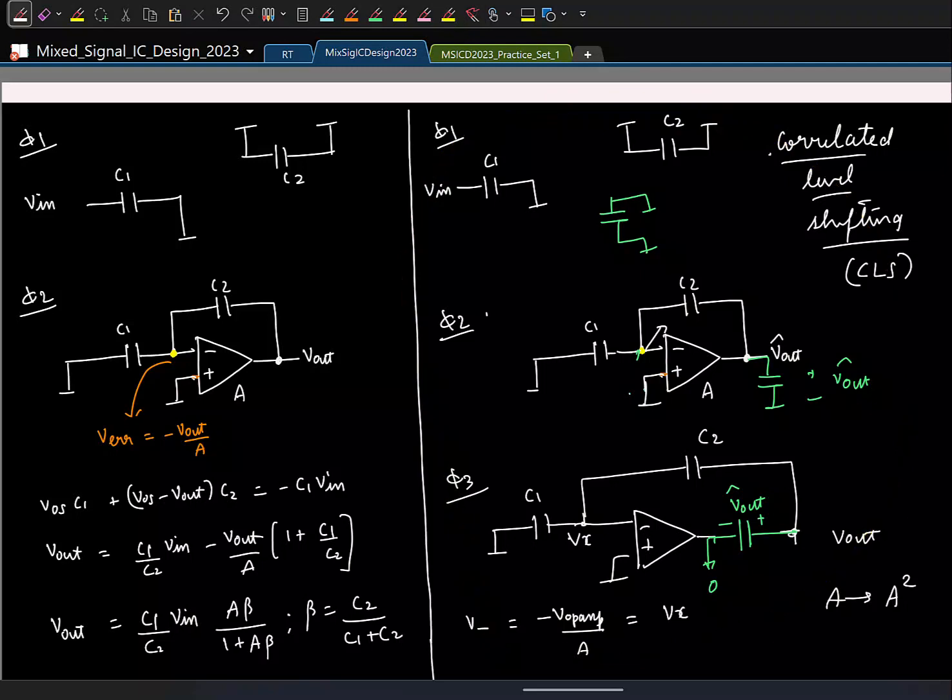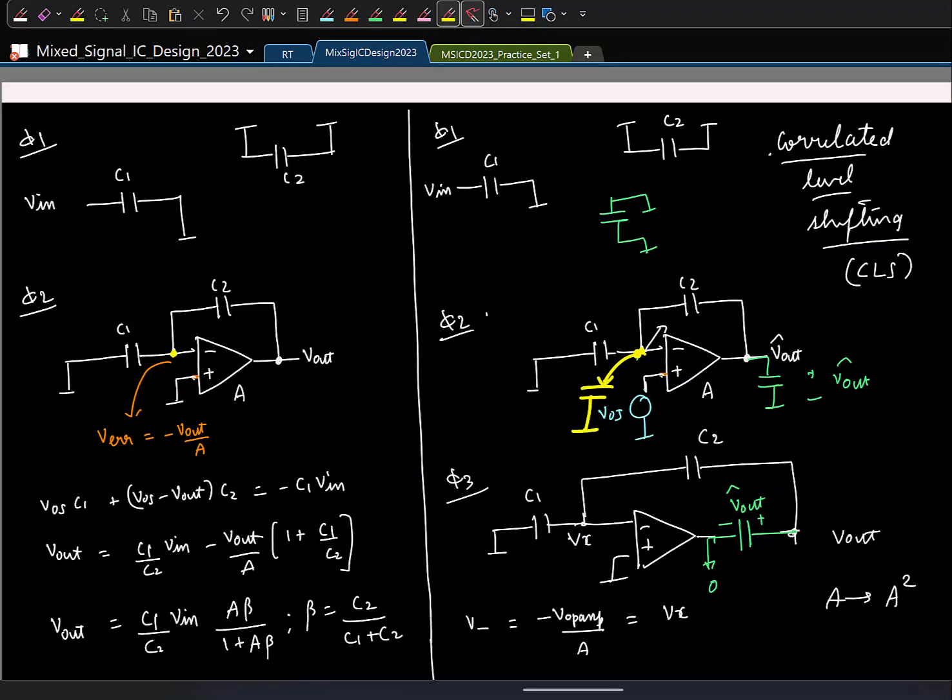So there are pros and cons for both CLS and CDS. One thing is, in this correlated level shifting, if the op amp has an offset voltage, do you think we'll be able to correct it or not? Remember that all our offset estimations were based on the fact that this voltage stores information about offset.